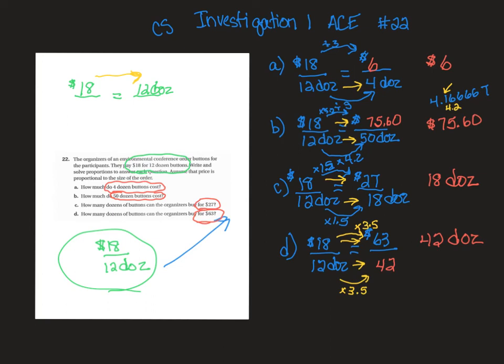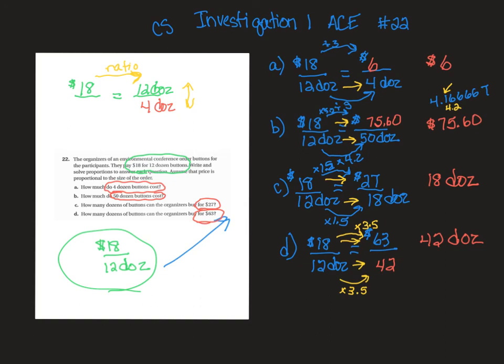So let's look at the first problem. If I'm doing 4 dozen, that's what they gave me in the problem, 4 dozen, okay. Notice that the ratio is across the top, and the labels match here. The labels match dozen over dozen.